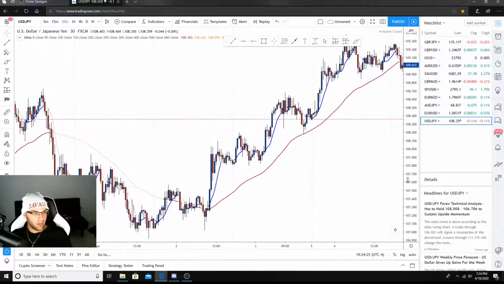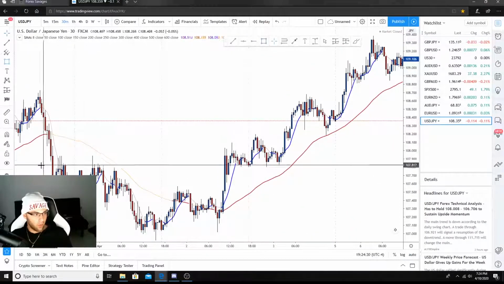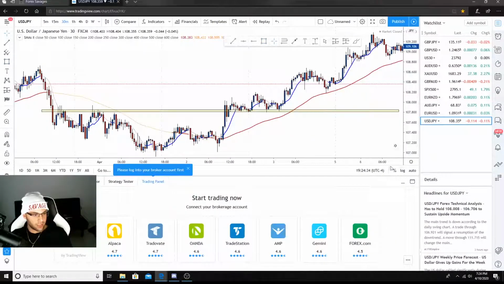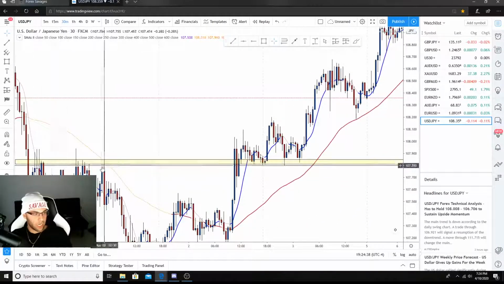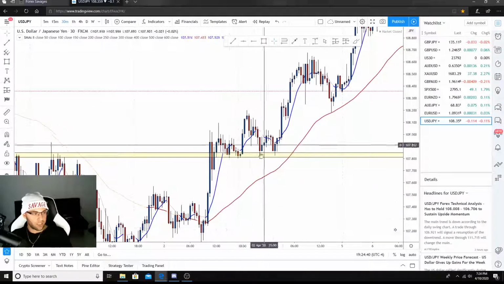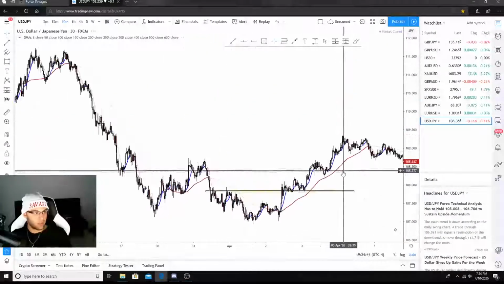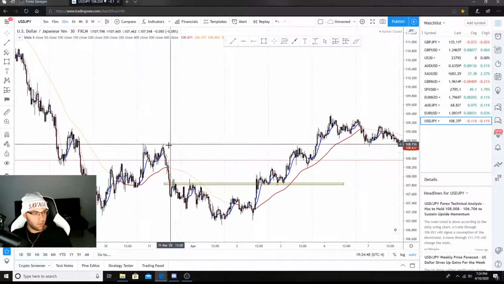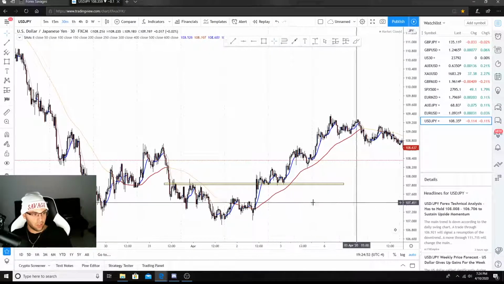Looking at this right here, what do we have? We have a form of resistance, and as you can see, it was very well respected multiple times in the past before price came back and broke it. Let me zoom out a little bit. Price had its own little consolidation side channel here.